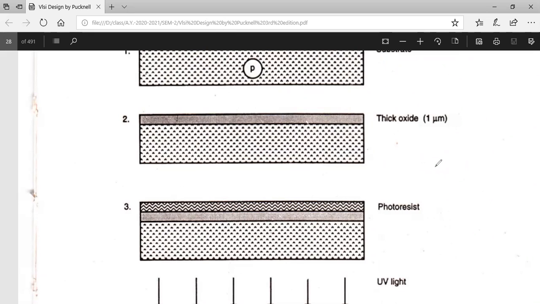It will be spread evenly over the total surface. The name itself says that it stops some amount of light, so we call it photoresist. It has some purpose, which I will explain in the further steps.